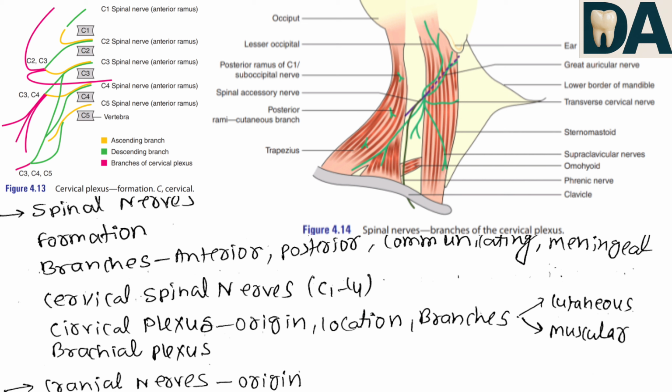Cervical spinal nerves. Cervical plexus. The cervical plexus is formed by the first four cervical nerves, C1, C2, C3, C4. This network divides and recombines to create a variety of nerves that supply the skin and the muscles of the neck and back of the head.